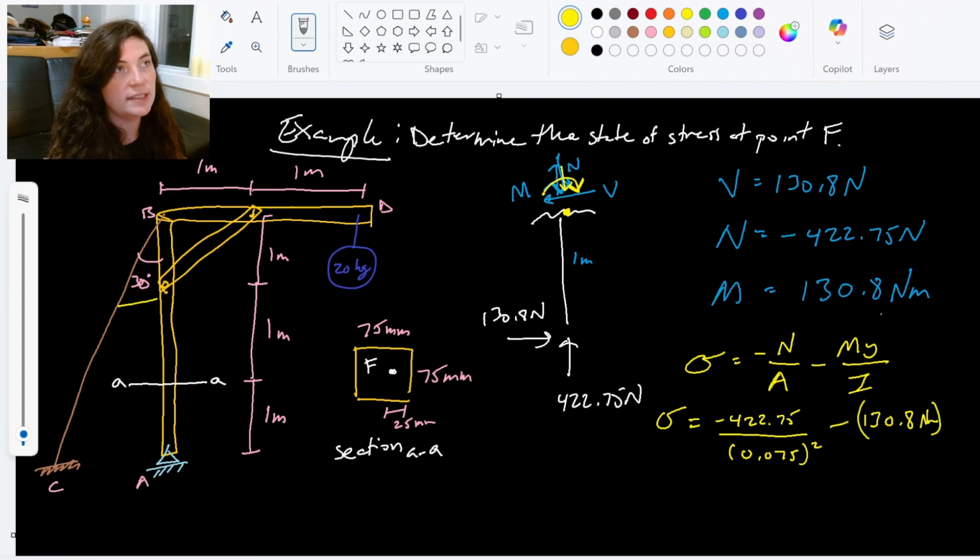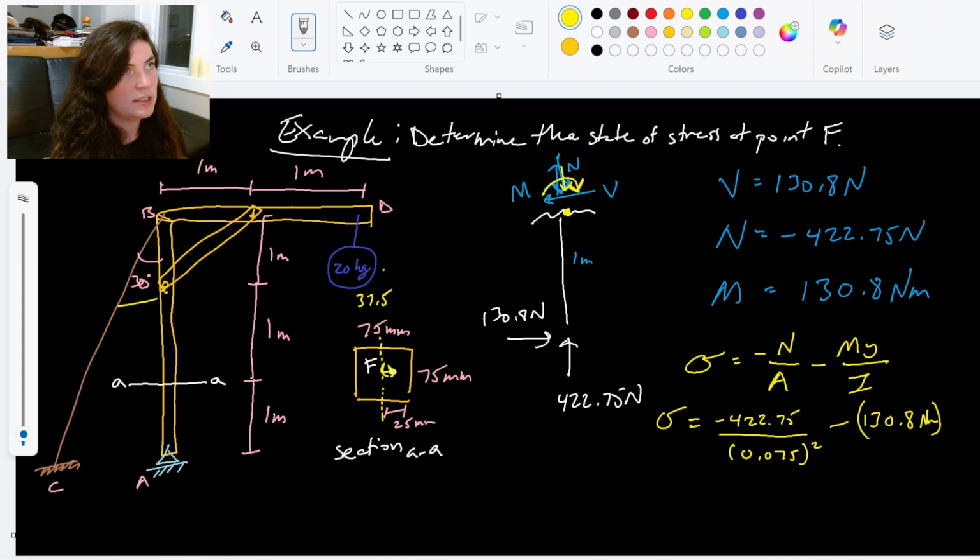Now remember, y is the distance from the centroid to the point of interest. So our centroid happens halfway through this 75. So that's 37.5. And then I want this distance here. It's very small. It's a little hard for me to draw here.